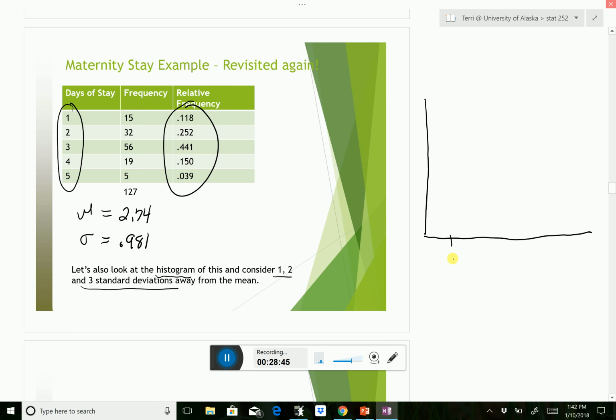Let's see, we've got 1. Let's see, 0.1, 0.2, 0.3, 0.4. So one day was 0.118, so just about like that. Oops, my 1's not right in the middle, is it?